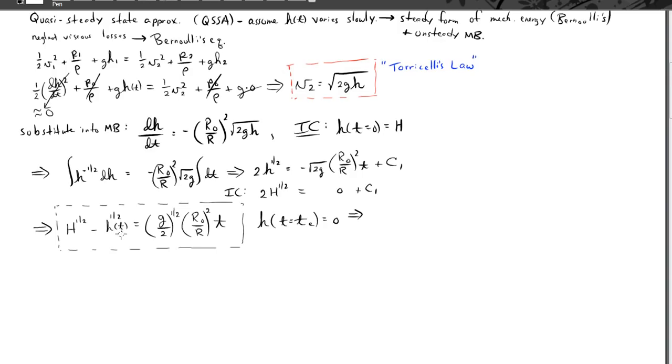And so the h of t term drops out, and we find that the efflux time, or emptying time, t sub e, is equal to the square root of 2 capital H divided by g multiplied by R over r naught quantity squared. So that's the time it takes to drain the tank.